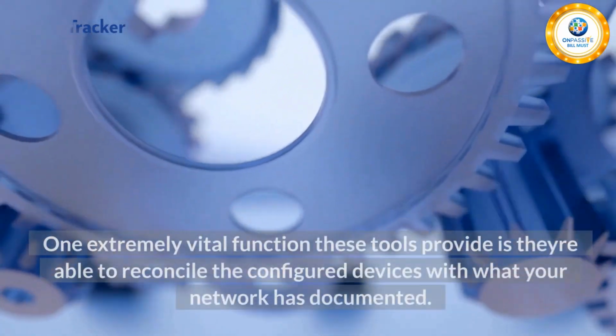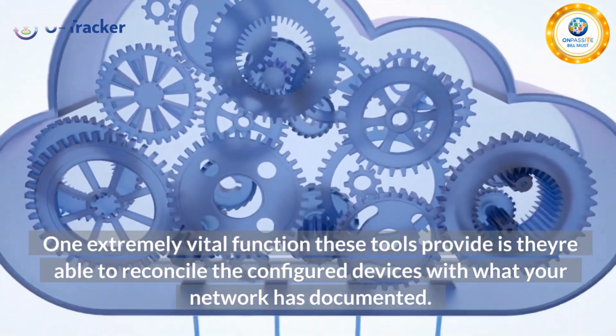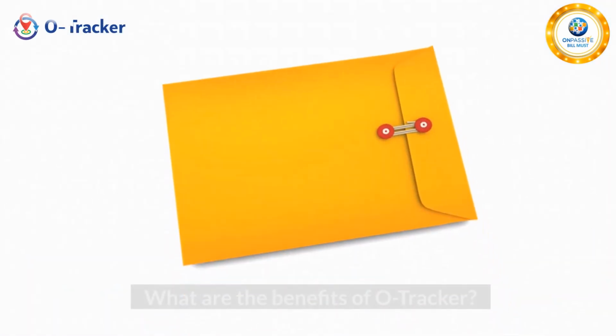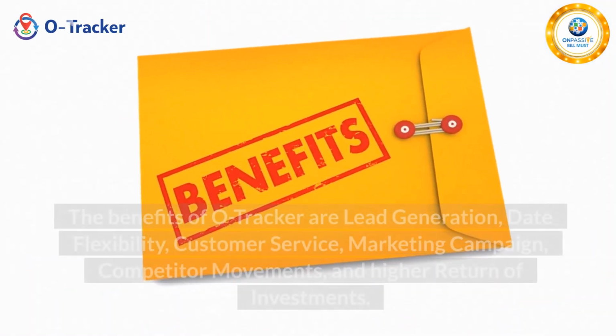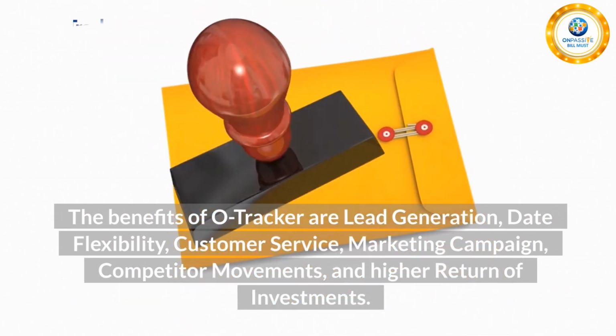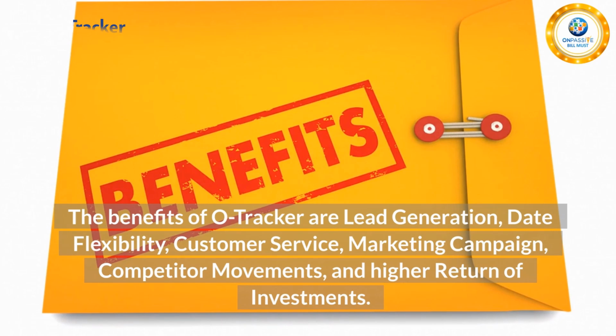One extremely vital function these tools provide is they're able to reconcile the configured devices with what your network has documented. What are the benefits of OTracker? The benefits of OTracker are lead generation, data flexibility, customer service, marketing campaign, competitor movements, and higher return on investments.